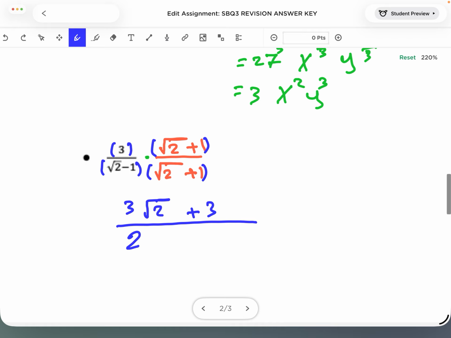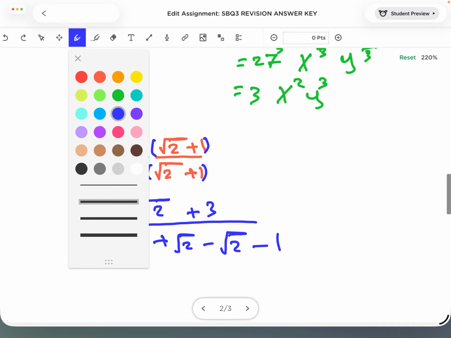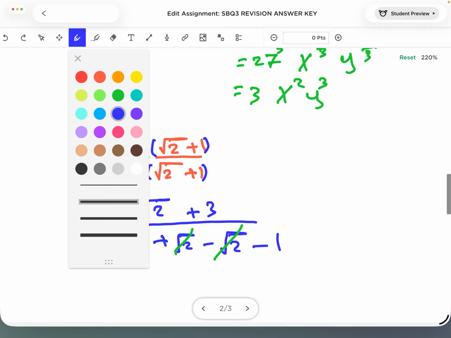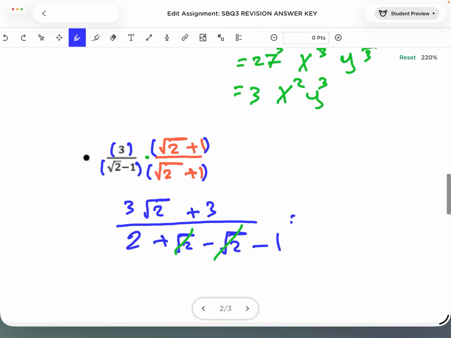You can put it in the calculator. Radical 2 times 1 will be radical 2. Negative 1 times radical 2 is negative radical 2. Minus 1 times 1 is 1. Negative radical and positive radical cancel. So I simply have 3 radical 2 plus 3 over 2 minus 1, which is 1. So this is the answer.